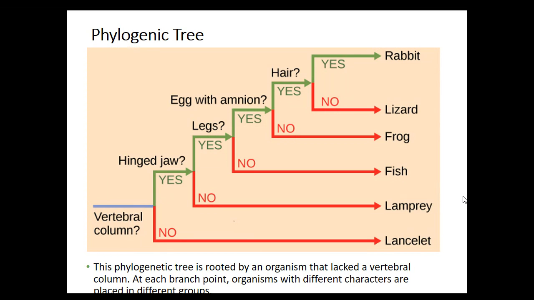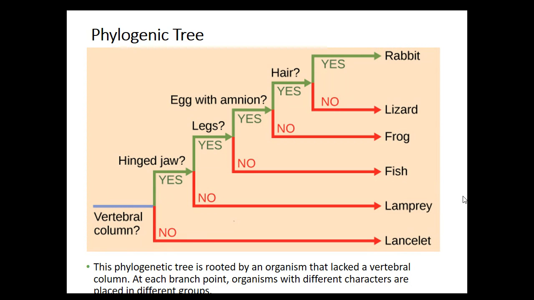And it happened in these different steps. So this common ancestor, at some point during its existence, evolved a vertebral column or a backbone. And then some of these individuals evolved a hinged jaw.